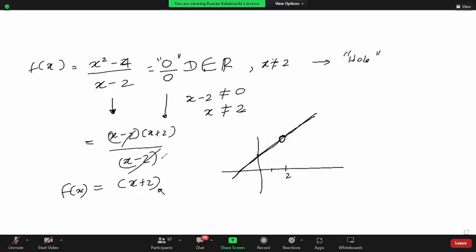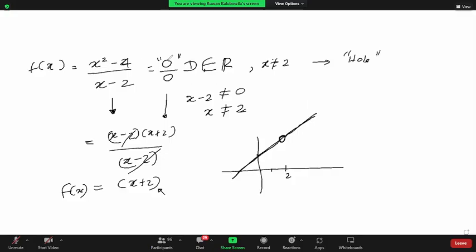You can simplify it and come up to this, and then you can draw a graph like this, but we have a hole in that domain. That is why we call this a hole. I hope you can understand.